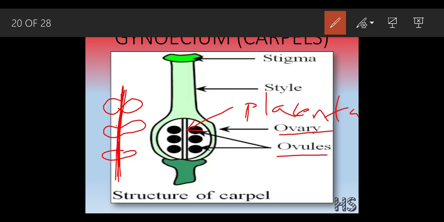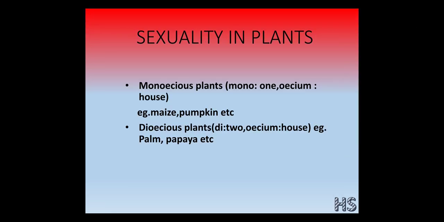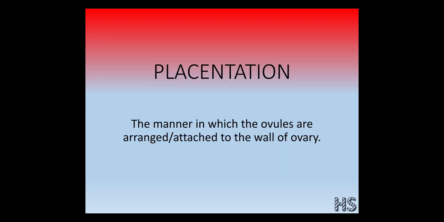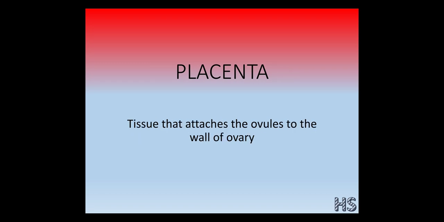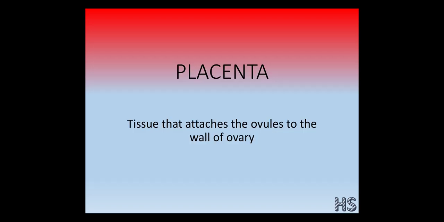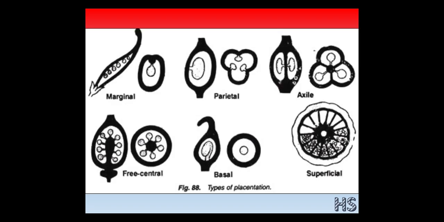Now we are going to discuss the placentation. What do you mean by placentation? What was inflorescence? Inflorescence means the arrangement of flowers, okay. Same like that, placentation means the arrangement of ovules.